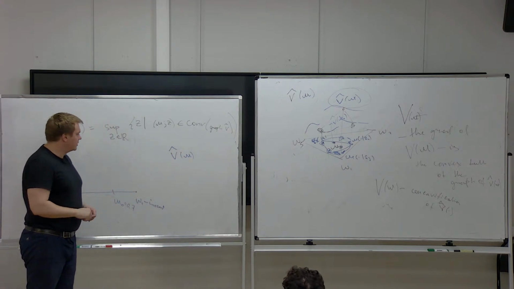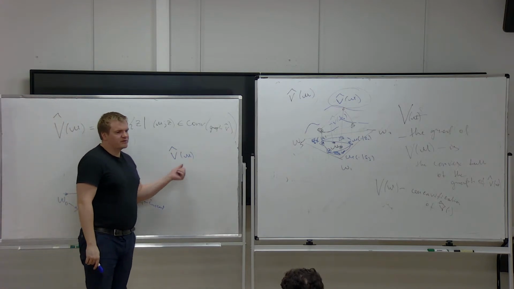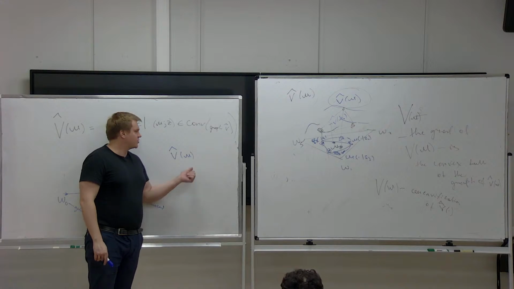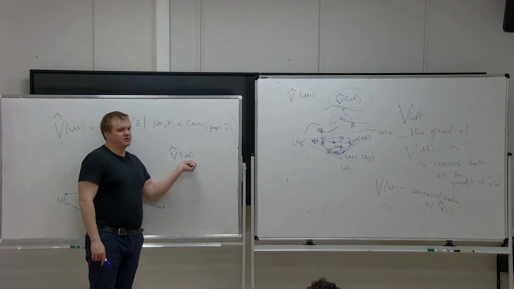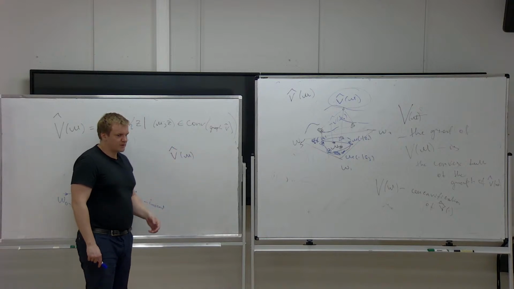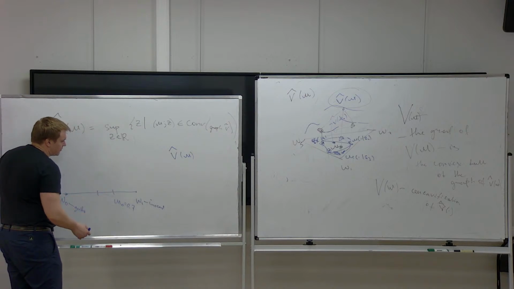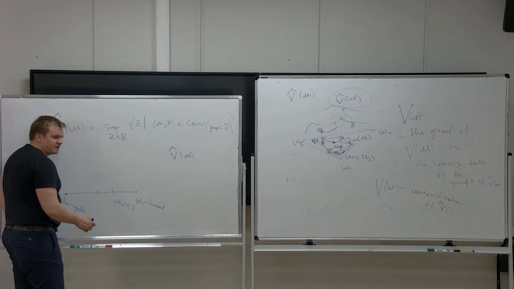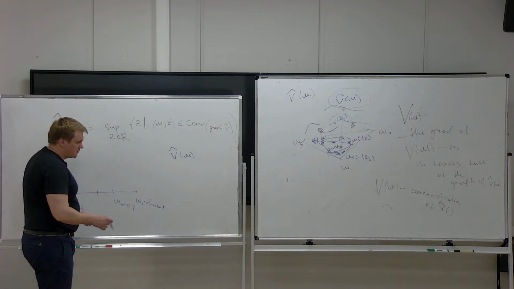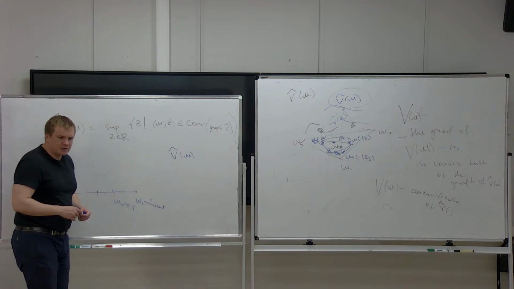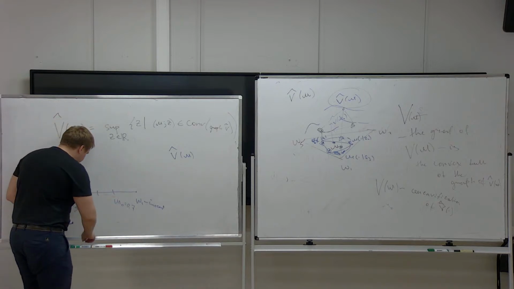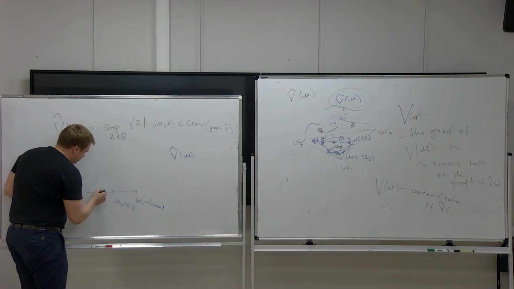What's v hat of mu? This is how much the sender would get if the judge believes that with probability mu the person is innocent. If the judge believes the probability that the person is innocent is more than 50%, the person will never go to jail, and the sender will get 0.